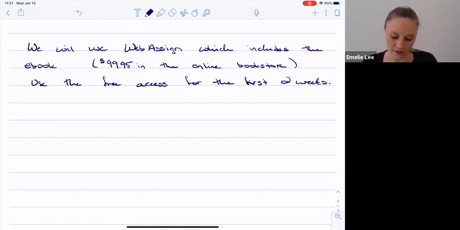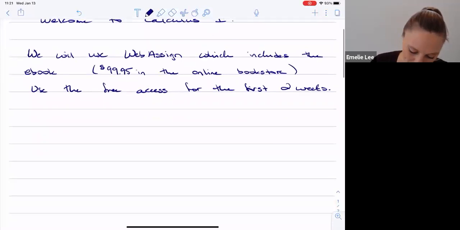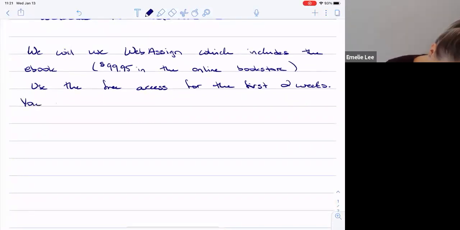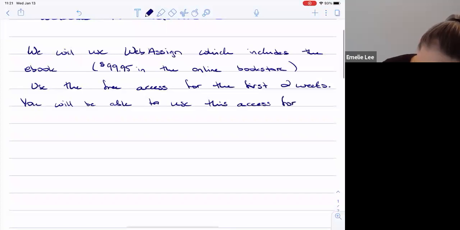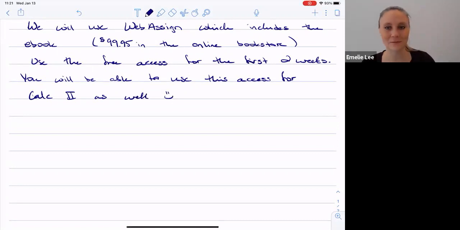So you'll want to use the free access until you're sure that you're going to stay in the course, and then we can go buy the access. You will be able to use this access for Calc 2 as well. So that's good.